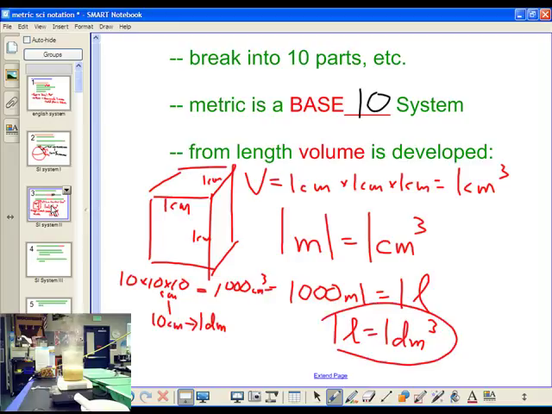Now, I mention this because here in physics, the decimeter cubed is our unit of volume. We don't use the liter.